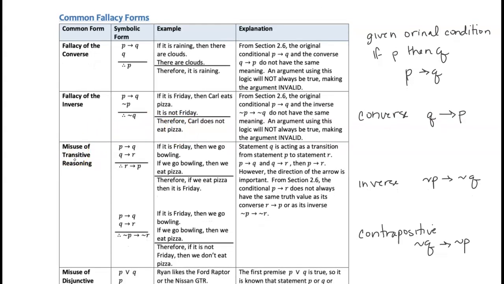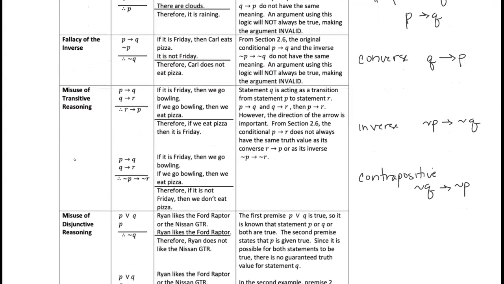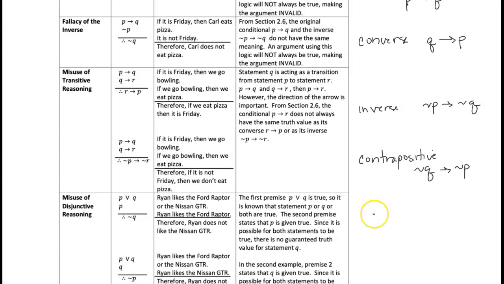The third common fallacy form is misuse of transitive reasoning. If you remember, transitive reasoning started with the conditional if P then Q, and then the second premise statement was if Q then R, and the valid conclusion was if P then R, using Q as the transition.